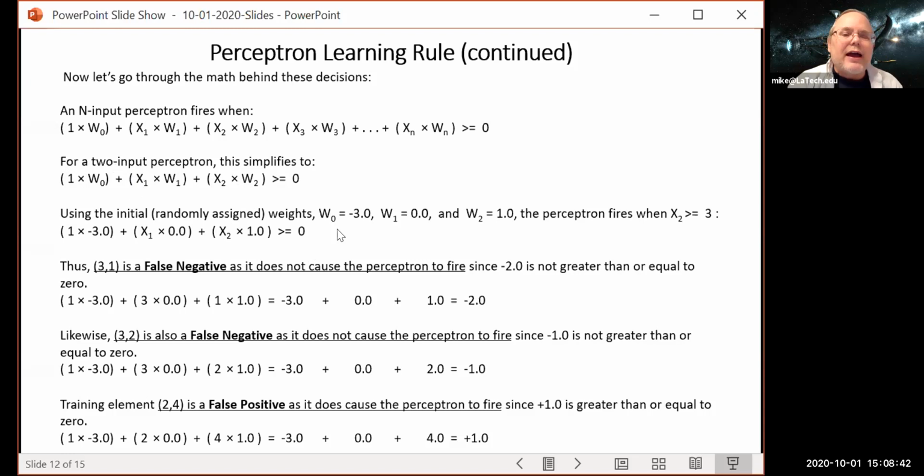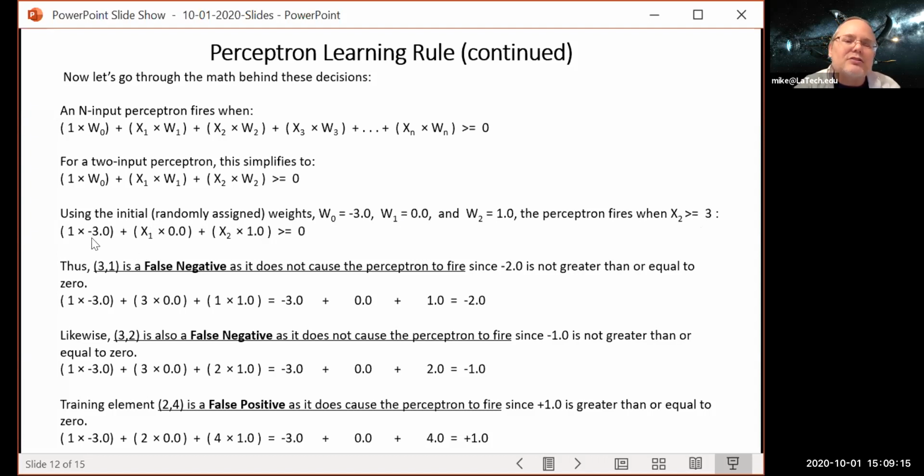So now let's look at, I said we were going to use a weight 0 of -3, so a threshold of 3, weight 1 was going to be 0, and weight 2 was going to be 1. So the perceptron will fire when x2 is greater than or equal to 3. Why is that true? Well, because 1 times -3 is -3, plus anything times 0 doesn't matter. So these things give you -3 plus x2 times 1.